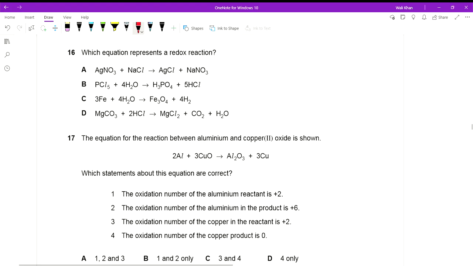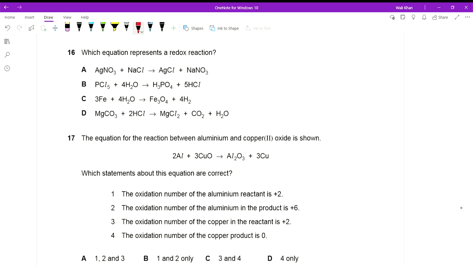Which equation represents a redox reaction? Silver nitrate and sodium chloride give silver chloride and sodium nitrate. Phosphorus pentachloride and water give phosphoric acid and hydrochloric acid. Iron plus water gives iron oxide and hydrogen. Magnesium carbonate and HCl give magnesium chloride, carbon dioxide and water.